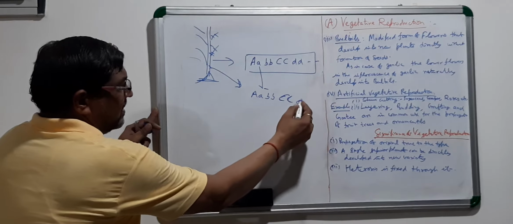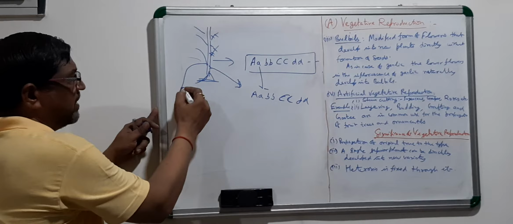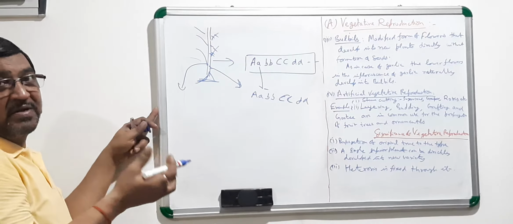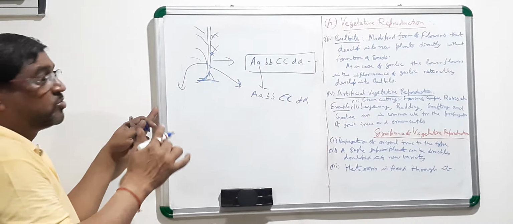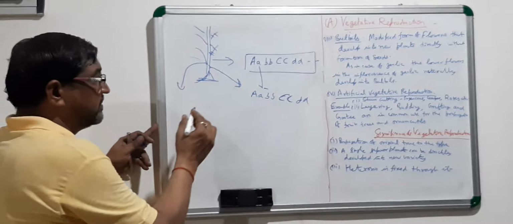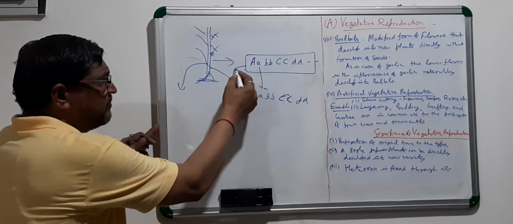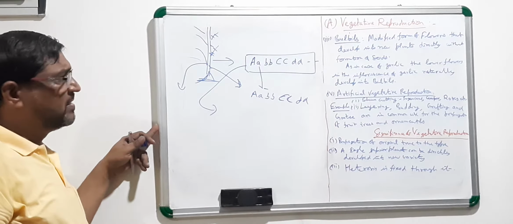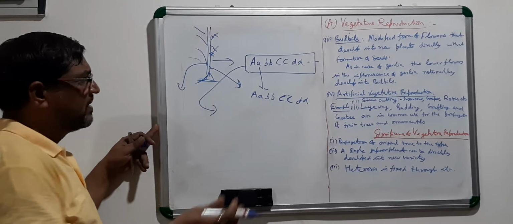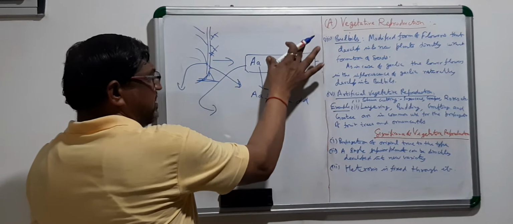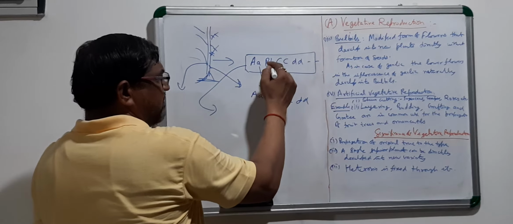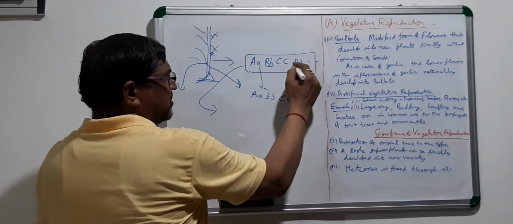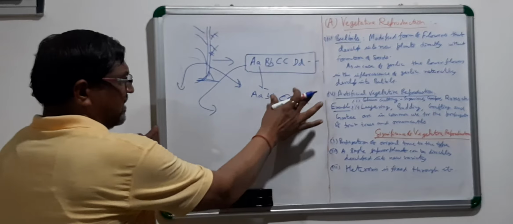But once you are getting the plant from the seed, from sexual means, you know that if it is selfing or if it is hybridizing, maybe capital B, capital B, small b, capital C, capital D, small d, like that it will be.